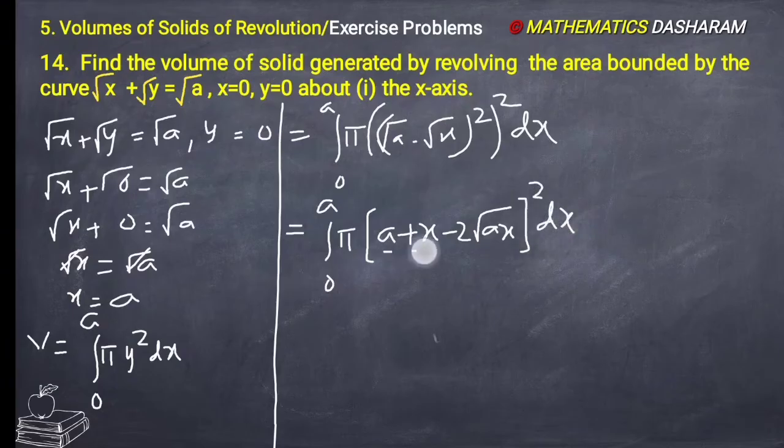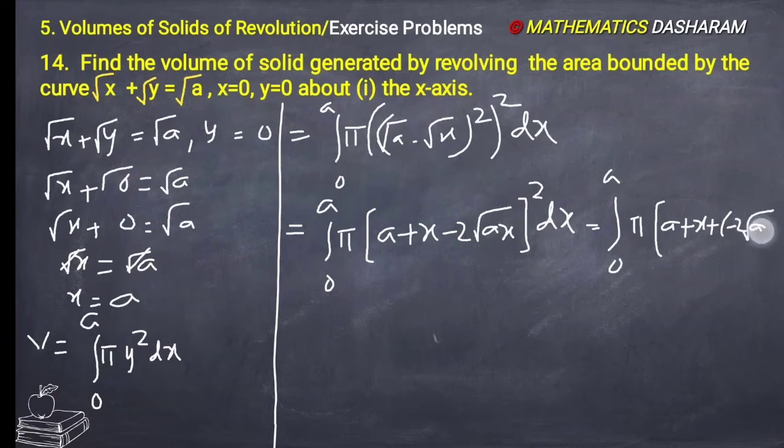So here we use the a plus b plus c whole square formula: integration 0 to a, pi into a plus x plus minus 2 into under root a into x, whole square.